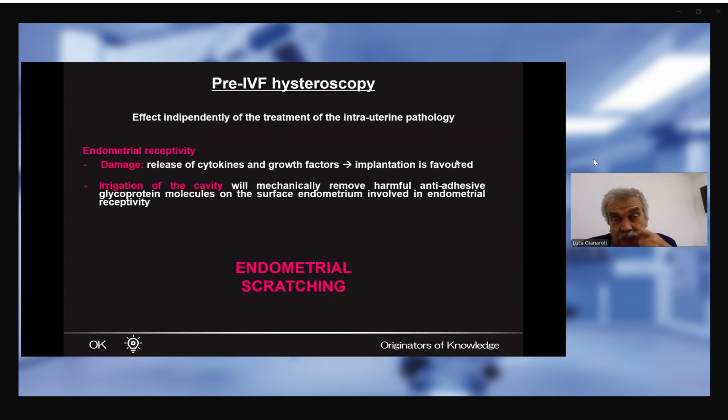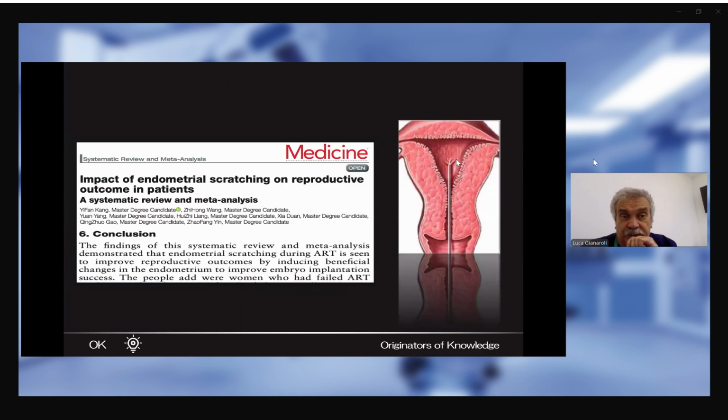Again, without wasting too much time, we should also take into consideration that there could be an effect that is independent of the treatment of the intrauterine pathology, highlighted by papers coming from the so-called endometrial scratching. Endometrial receptivity can change if scratching is done, and hysteroscopy done one, two, three months before the potential embryo transfer could also act as a system for endometrial scratching.